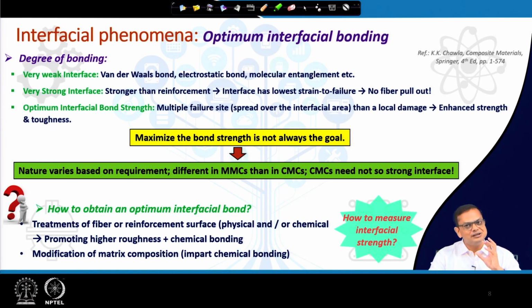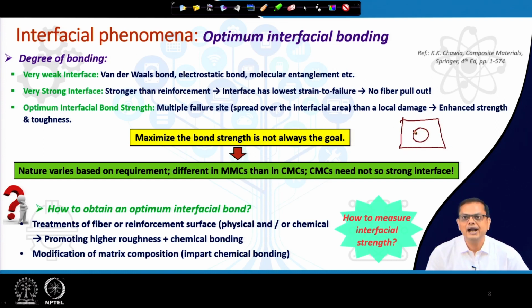In a composite material, this is the matrix and let us say this is the reinforcement, and intrinsically they may not have any chemical reaction.